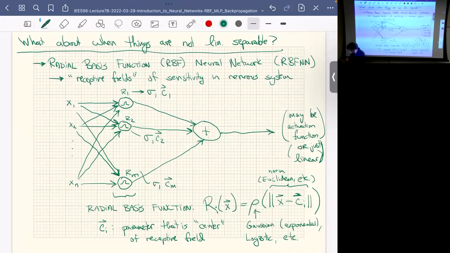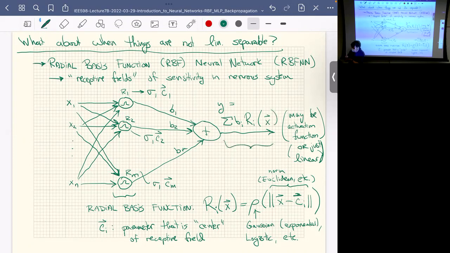So I can put a B1 here, a B2 here, a BM here, so that the output here is going to be equal to the sum of the weights Bi times the radial basis function Ri of the X vector.